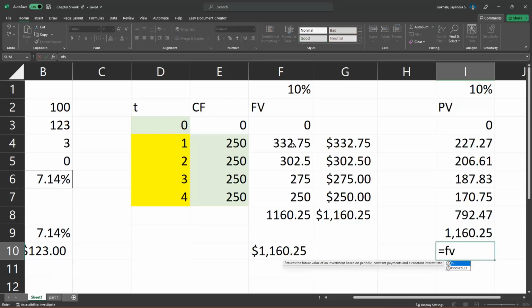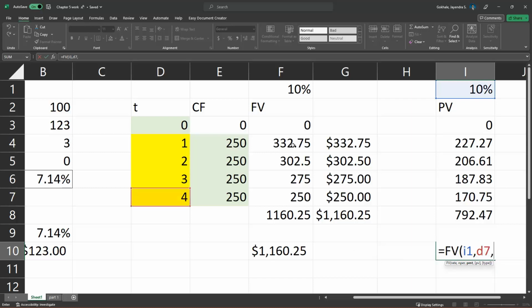Still don't believe it? No problem. Equals future value of I1, that is the rate. Number of periods is D7, comma, the intermediate payments. Now look, we are only finding the equivalent value of a single value, right? The present value is 792 for all the 4 cash flows.